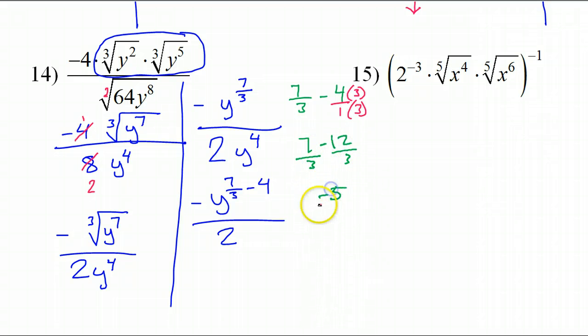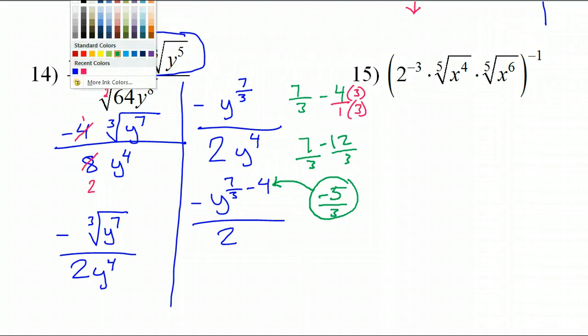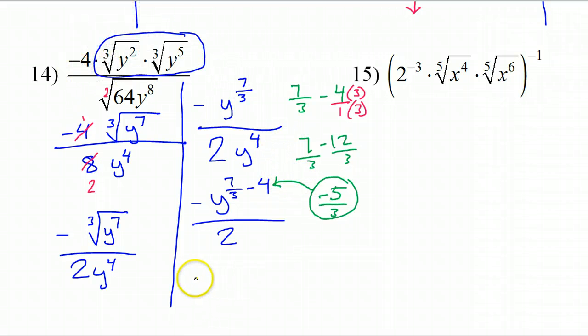So I've got negative 5 over 3. Okay, so that's going to happen right here. So I'm going to get negative y to the negative 5 over 3 power over 2.